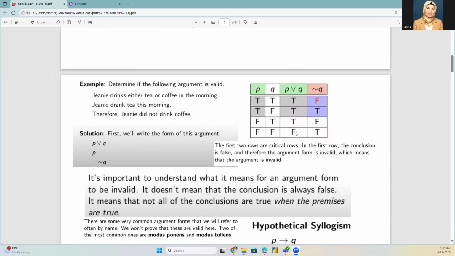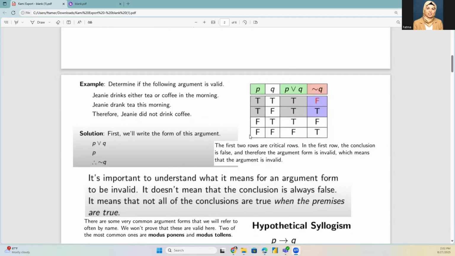So this is the truth table for the first premise, and this is the truth table for the second premise. Now we also need the conclusion, which is not Q. So true switches to false, false switches to true, true switches to false, and false switches to true.